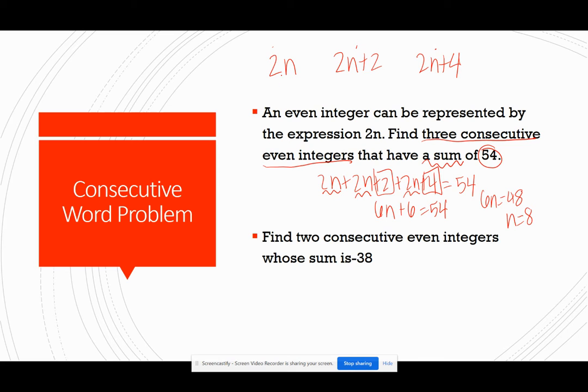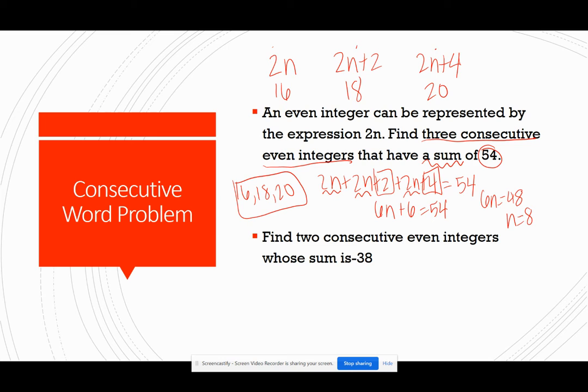So I get 2 times 8, which is 16, plus 2 is 18, plus 2 more is 20. So my answer would be 16, 18, and 20. So like I said in class, the most important part is to figure out what the equation is going to be, solve the equation, and then plug back in. 3 steps: create, solve, plug in.